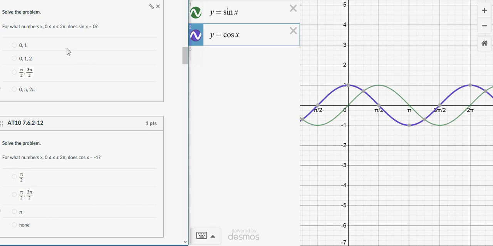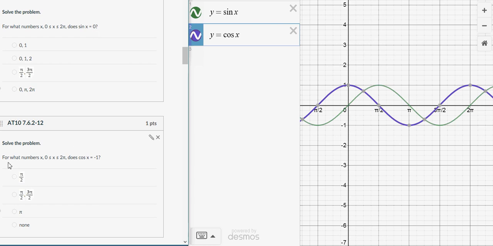Here we want to look at two questions. The first one is: for what numbers x in between 0 and 2 pi is sine x equal to 0?